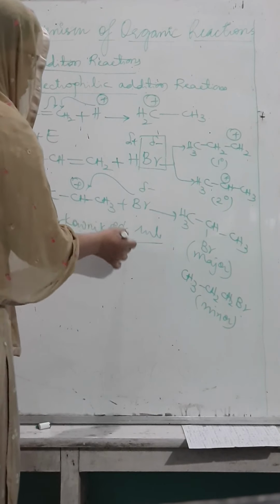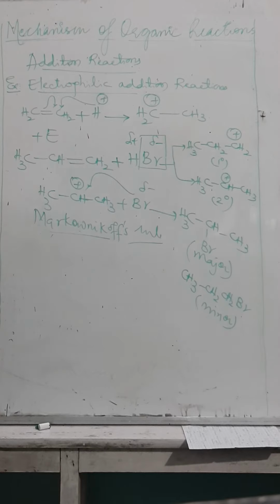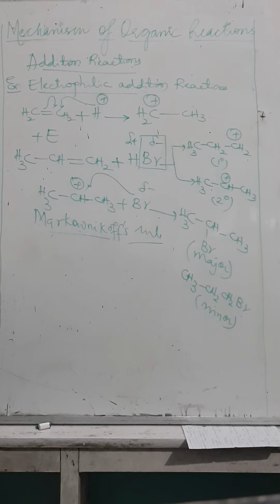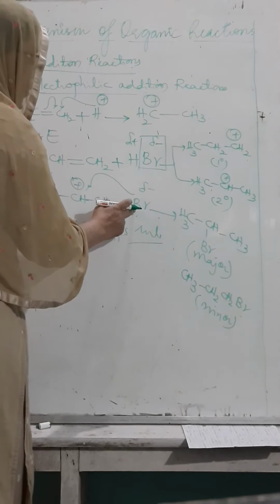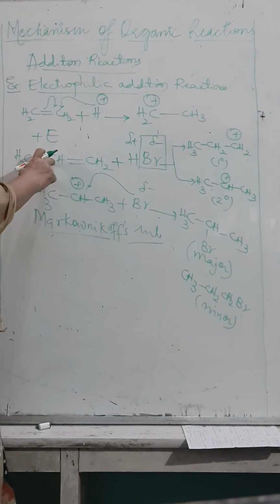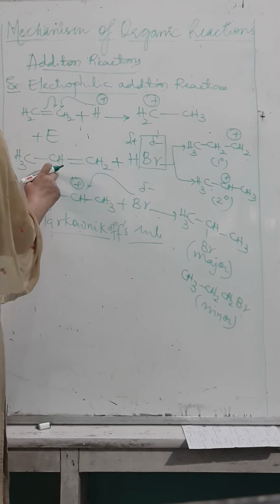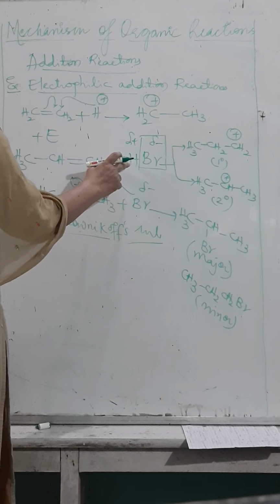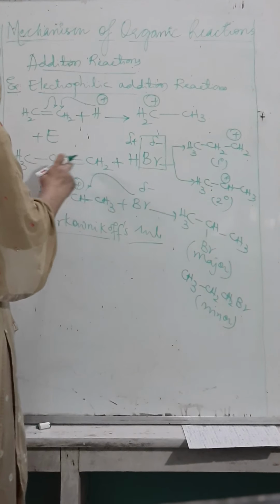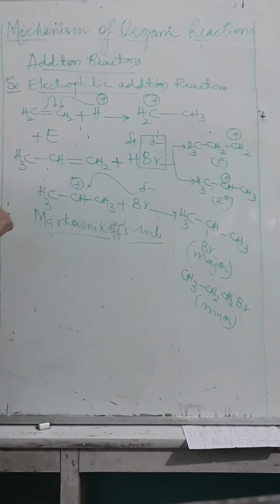According to Markovnikov's rule, whenever an unsymmetrical alkene is added with a reagent, the negative part of the reagent, meaning Br minus, goes to the carbon containing less number of hydrogen atoms, or the positive part of the reagent goes to the carbon containing more number of hydrogen atoms. Therefore, based on this, secondary carbocations are more stable than primary carbocations. Is it clear to you?